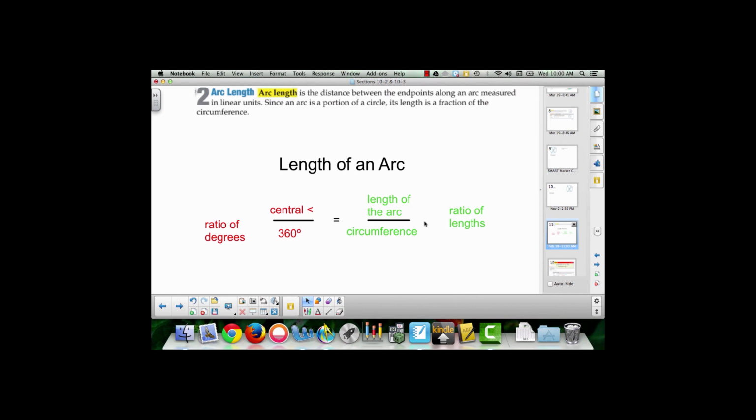If I know the length of the arc and the radius or the circumference, I can figure out the central angle measure. This proportion also makes sense, so it's easier to remember than the formula that they show on the next page. So you'll want to use this proportion whenever you're trying to figure out the length of the arc, or you know the length of the arc and you want to figure out either the central angle or the circumference.